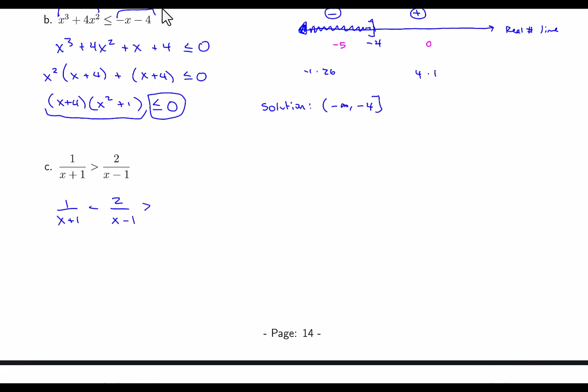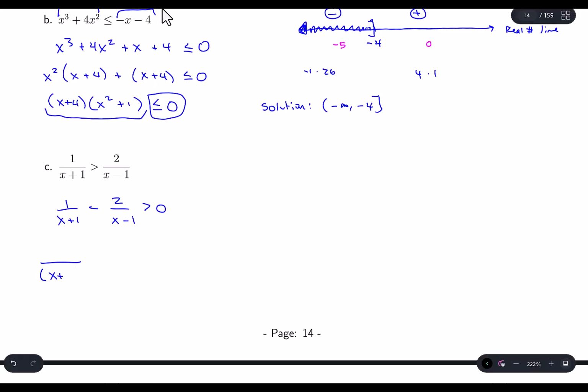So I'm just going to subtract that whole thing over. Now, I need to have this in a factorable form, which means I've got to combine it into a single rational expression. So to do that, I need a common denominator. So what I'm going to do is multiply the denominators together.